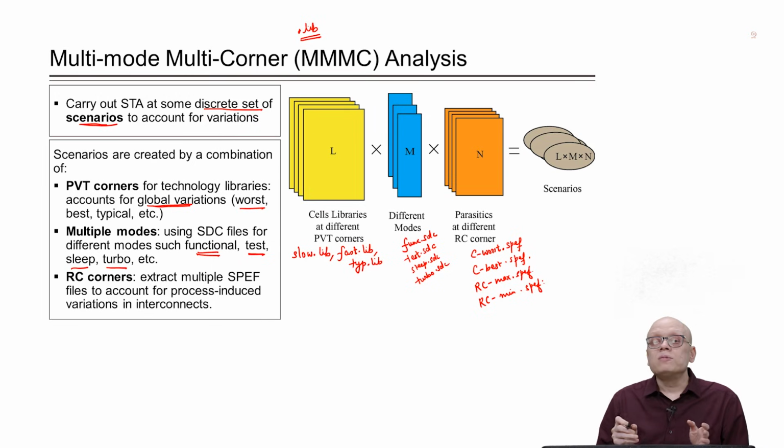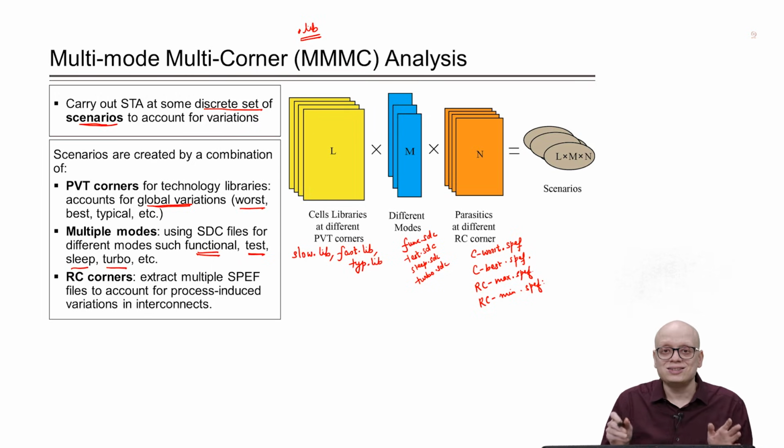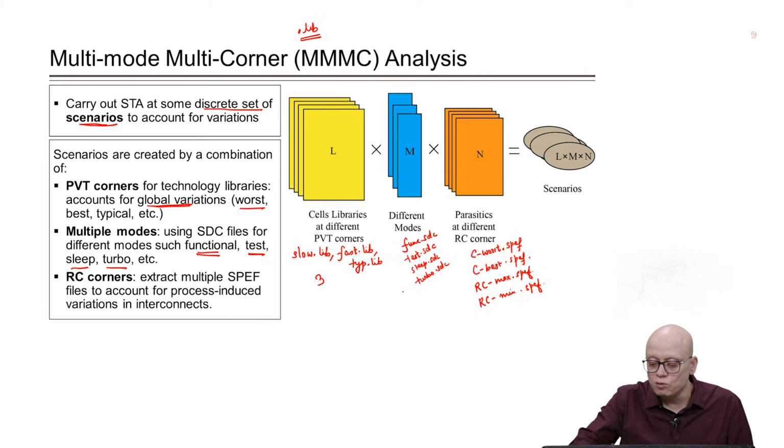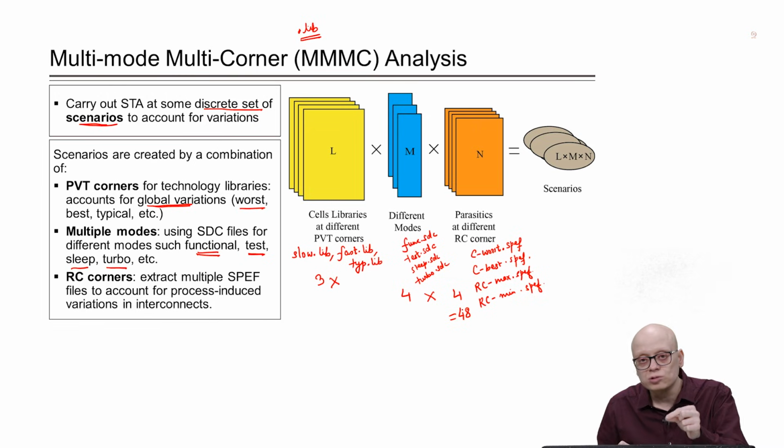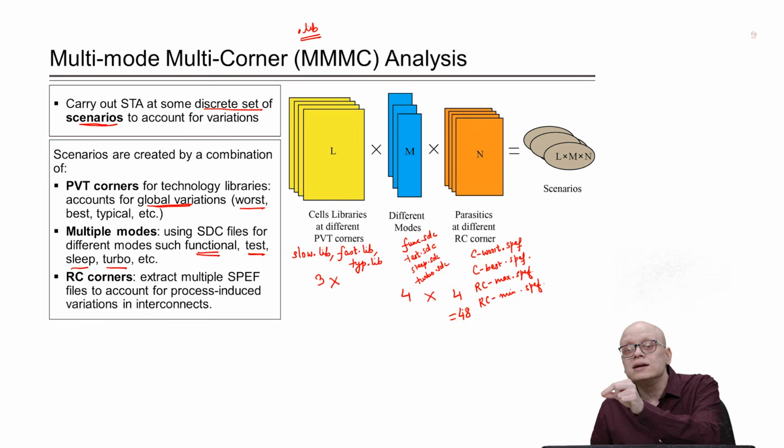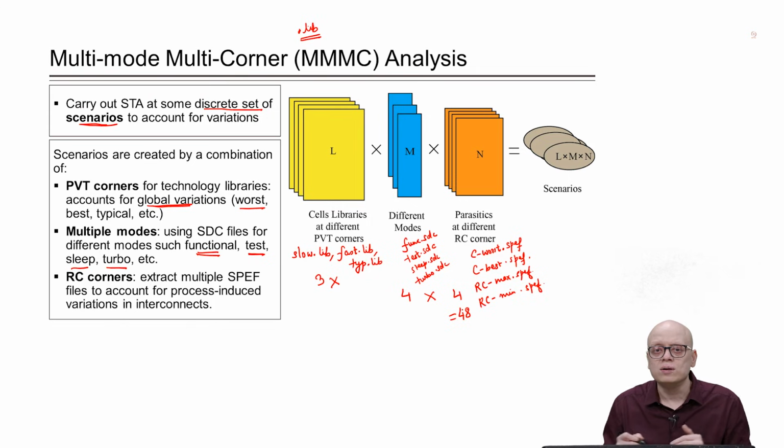Now, these are a discrete set of variations that we want to analyze in our design. So, using these three corners, 4 modes and 4 RC corners, we can derive 3 into 4 into 4, that is 48 scenarios, by combining, for example, slow.lib, then func.sdc and Cworst.spef and so on. So, we take each combination of these, and we can derive 48 scenarios out of it, right.